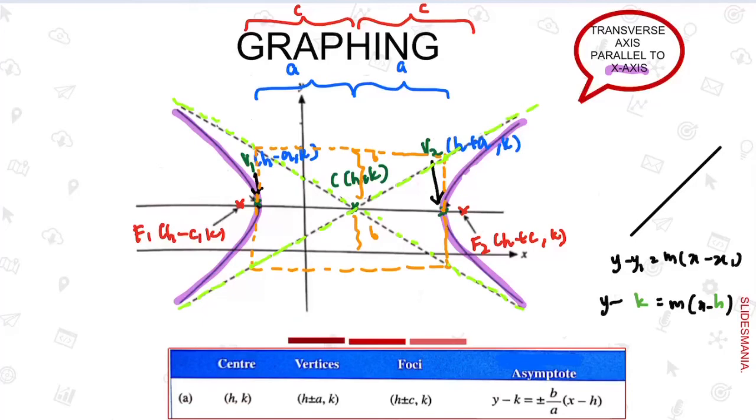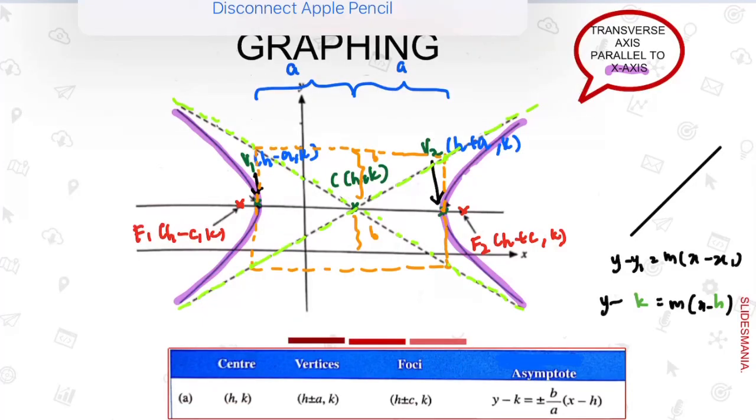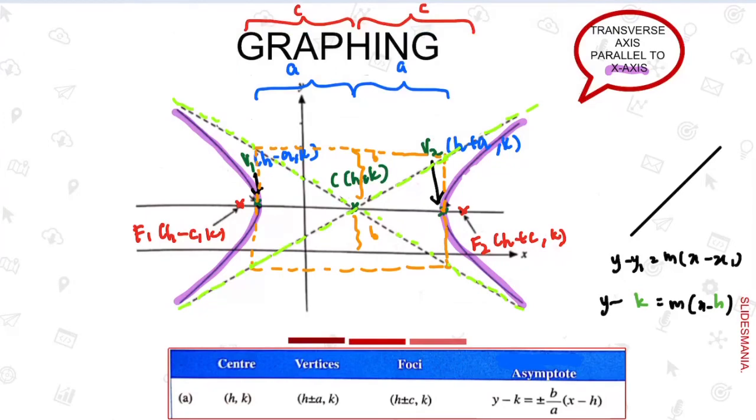Now, what is the slope? You have learned before that when you want to find a slope, we need to find the difference of y divided by the difference of x. So let's see the positive slope here. Let's focus on this here. The difference of y is b, then divide by the difference of x.